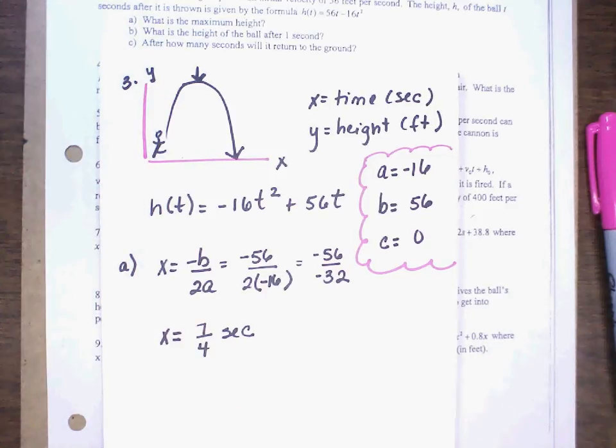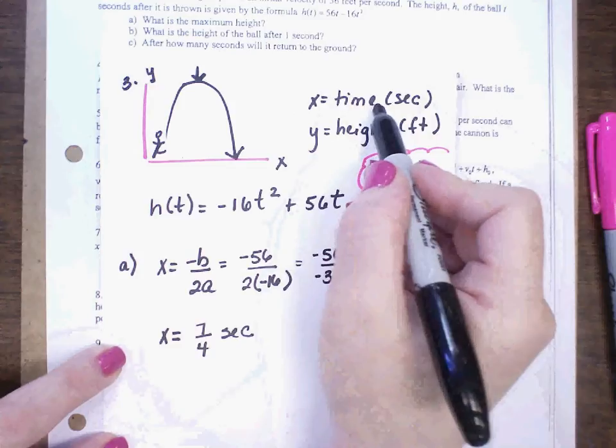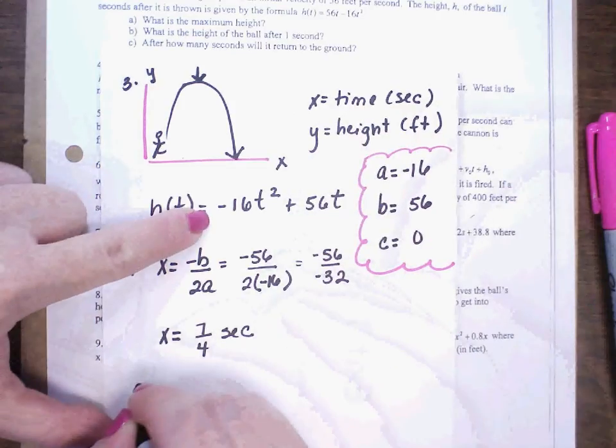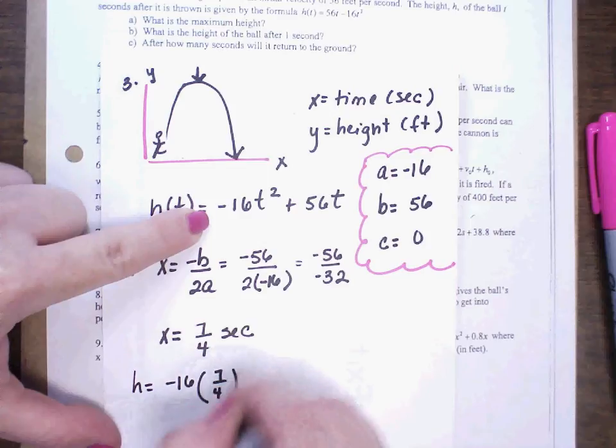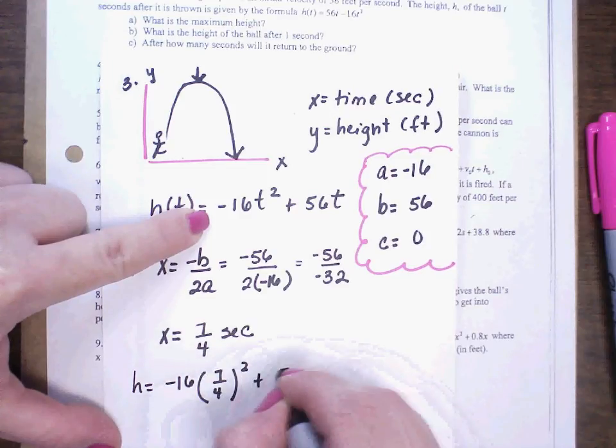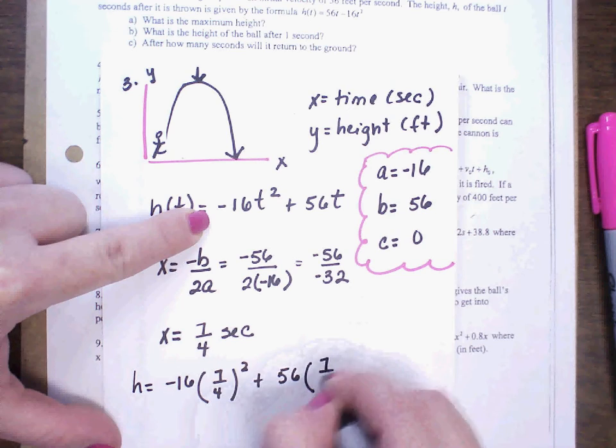All right. So if I want to figure out the height, what do I need to do? Substitute it in the function. Very good. Where t is, right? Because x is time. So for the height, it would be negative 16 times 7/4 squared plus 56 times 7/4.